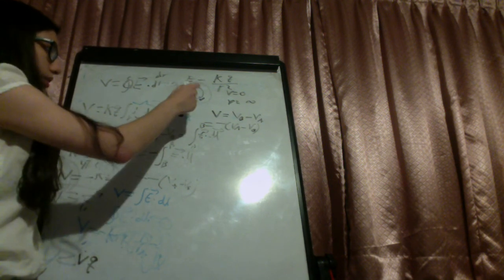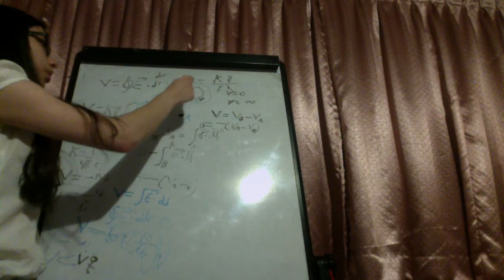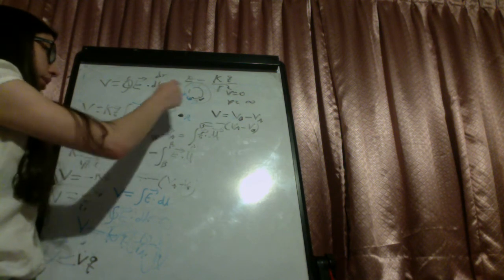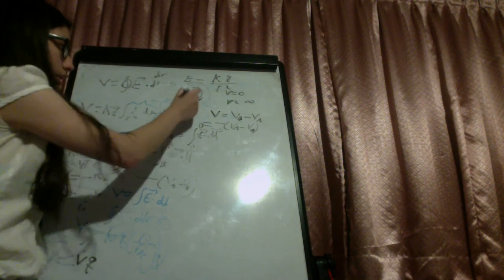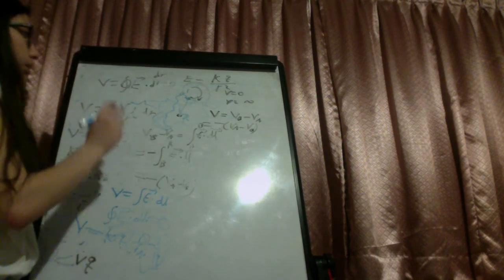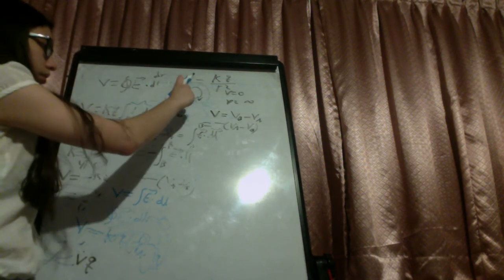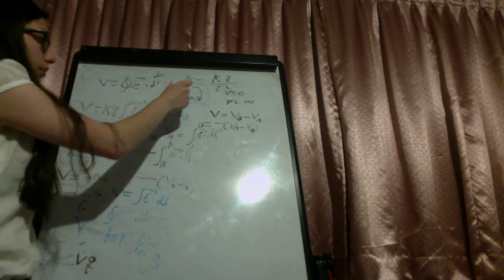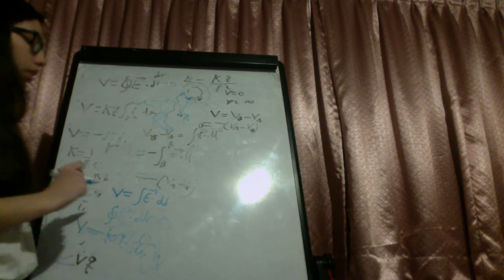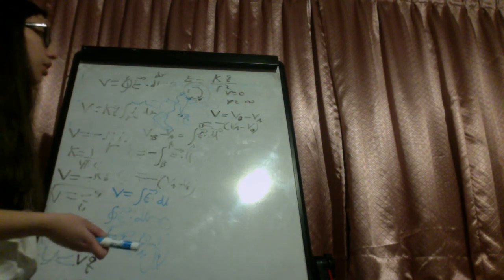If we take the difference between these two points, it doesn't matter if we take this path, whatever it be, this, or this, or this. The voltage between these two will always be the same. That means that we are dealing with a conservative field.